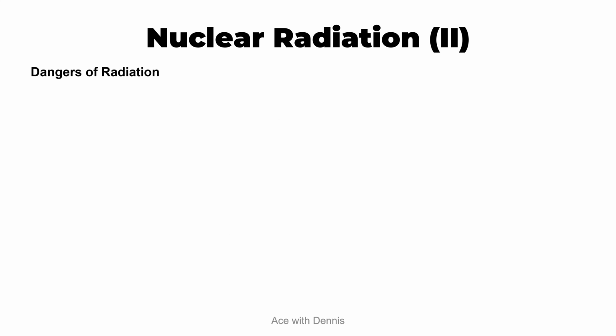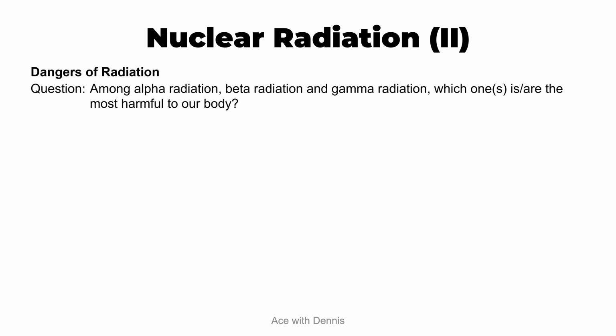Now, let's discuss a few questions related to the dangers of radiation. First question. Among alpha radiation, beta radiation, and gamma radiation, which one or which ones are the most harmful to our body? The answer is beta radiation and gamma radiation. The reason is because they can penetrate to internal organs.